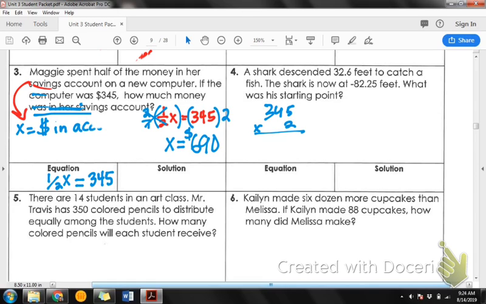Anybody else get that? Okay. So we know X equals $690 in her account. And I need some kind of words or description after each answer. Don't just tell me what X equals. Give me some kind of description like we've done in the last 3 problems.